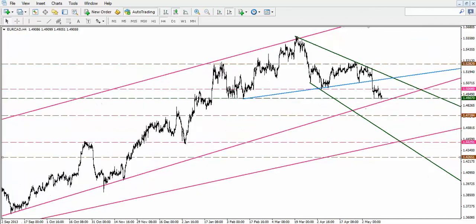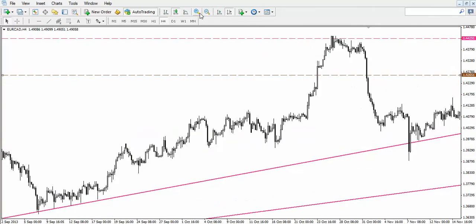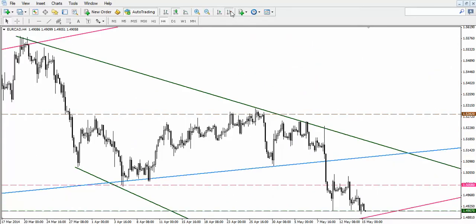Down onto the 4-hour chart, this blue trend line here was the one that was highlighted in Nigel's weekly report, and as you can see, it's broken quite nicely. So if anyone was trading that purely from the analysis in Nigel's report, then you have done quite well.